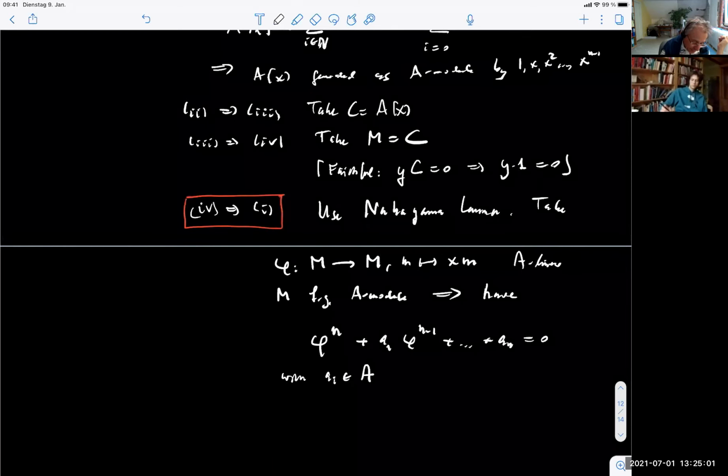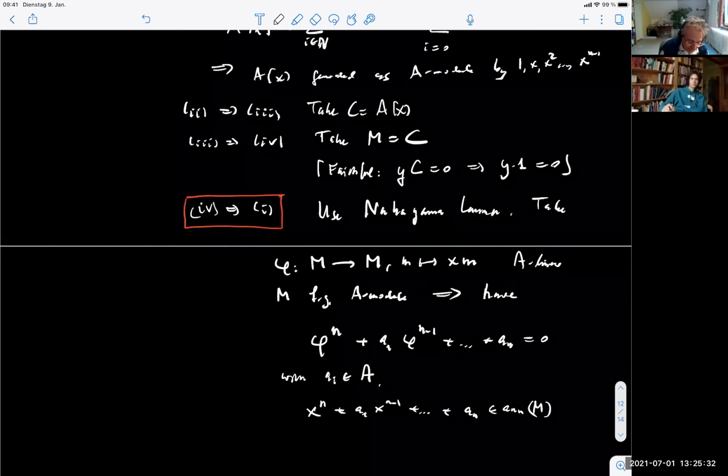Okay, but now, right. So what is the point? The last step is, what is this map? This map is the multiplication with this element. So the map equaling 0 means that this element annihilates the module.